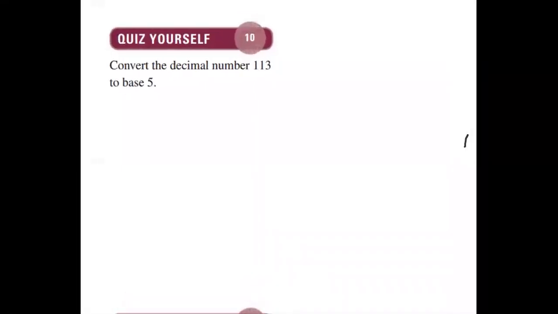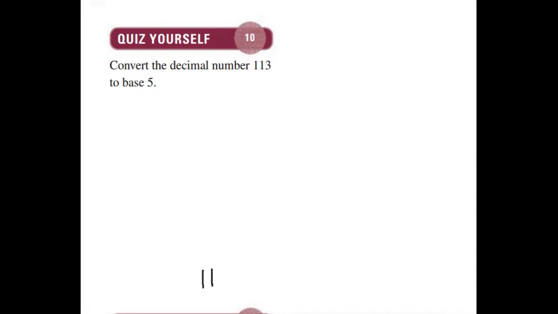All right, quiz yourself question number 10 wants us to convert the decimal 113 to base 5. And we'll use the method from our book in this chapter called the Horner's method. I will go upward versus downward though.